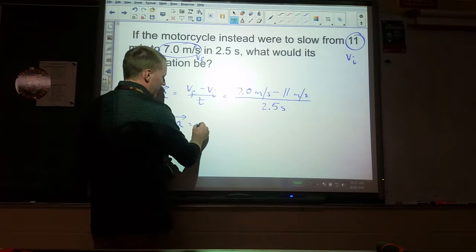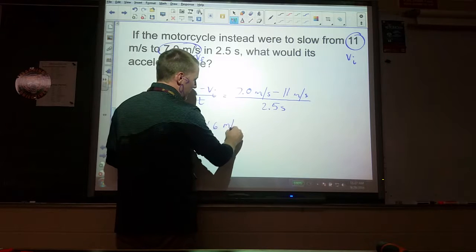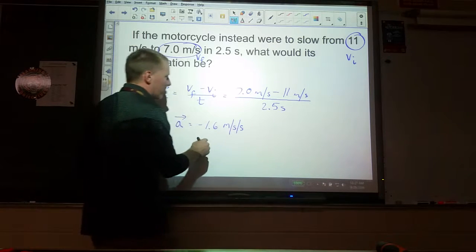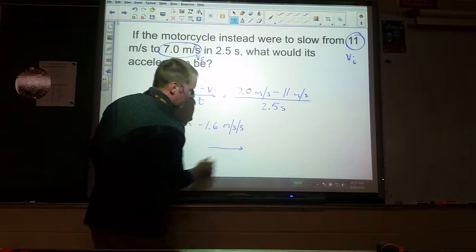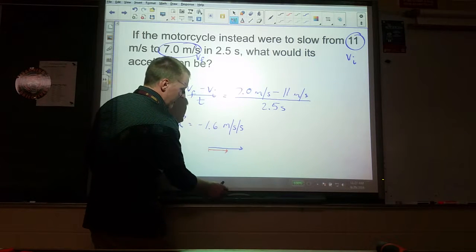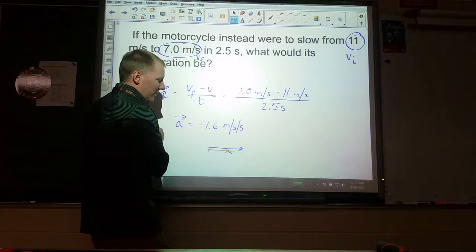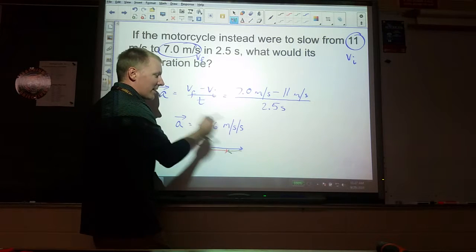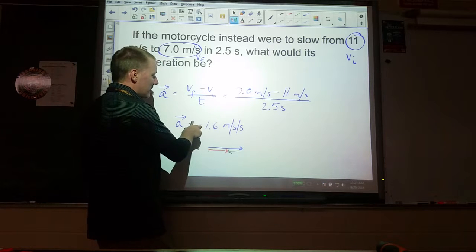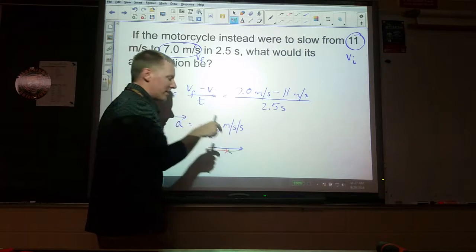We get negative 1.6 units, again meters per second squared. So in other words, we're going from our 11 meters per second to 7 meters per second. Well, that's going to make our acceleration arrow have to fill in that gap. It's got to be going the opposite direction. So it's actually to the left, even though all of our velocities are to the right.